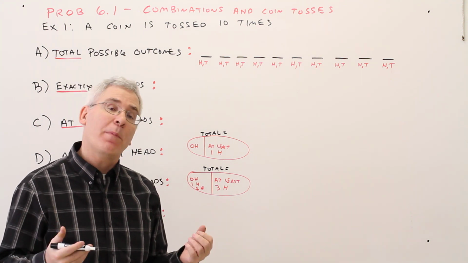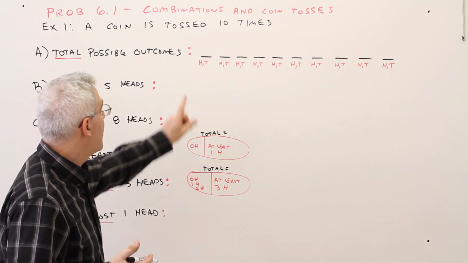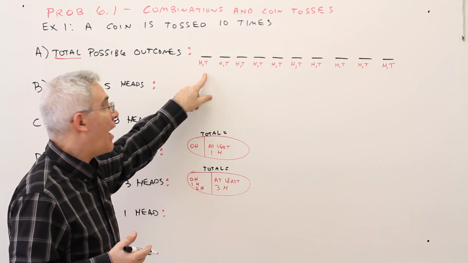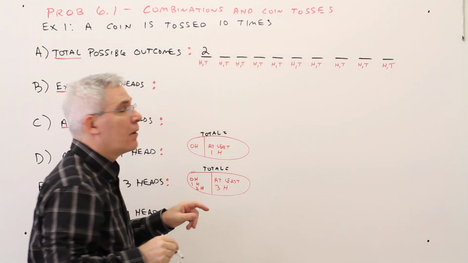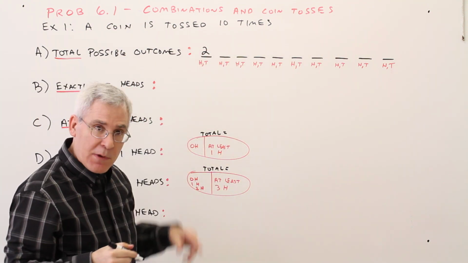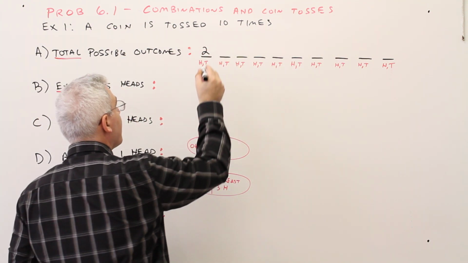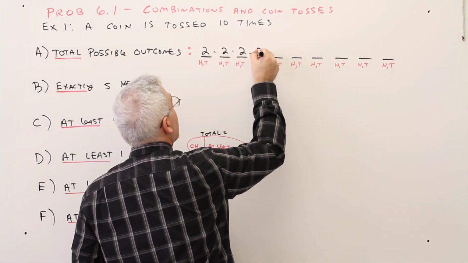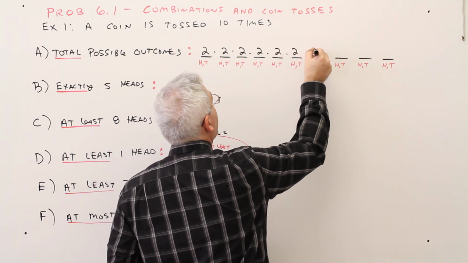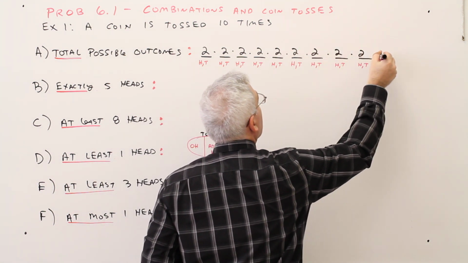We're going to go back to the multiplication rule. Event 1 can be heads or tails, 2 ways of doing that event. Event 2 could be heads or tails, 2 ways of doing that event, and so on and so on. So I'll just keep multiplying by 2.